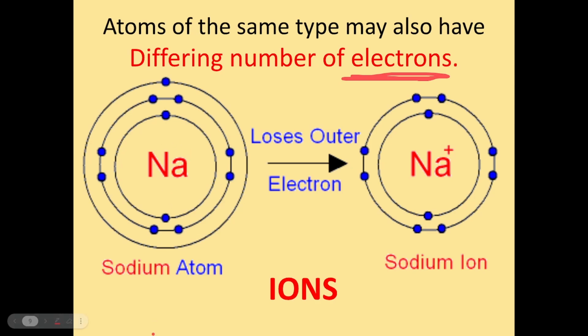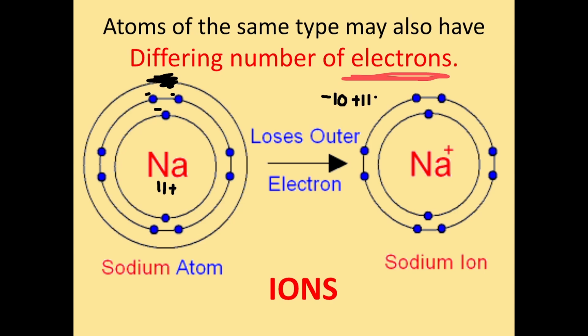Sodium. Let me switch to black. Sodium normally has 11 electrons. And so that's like imagining 11 minus signs over here, right? And that means it has 11 protons or 11 plus signs in the middle, right? But if it loses this outermost electron, which sodium likes to do, now it only has 10 electrons, but it still has 11 protons.